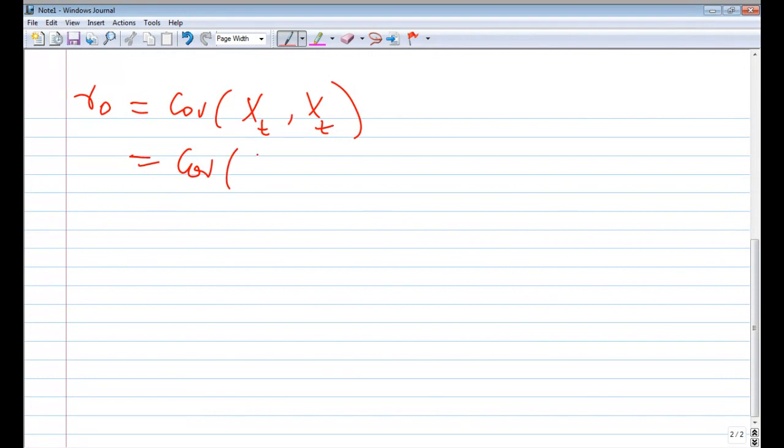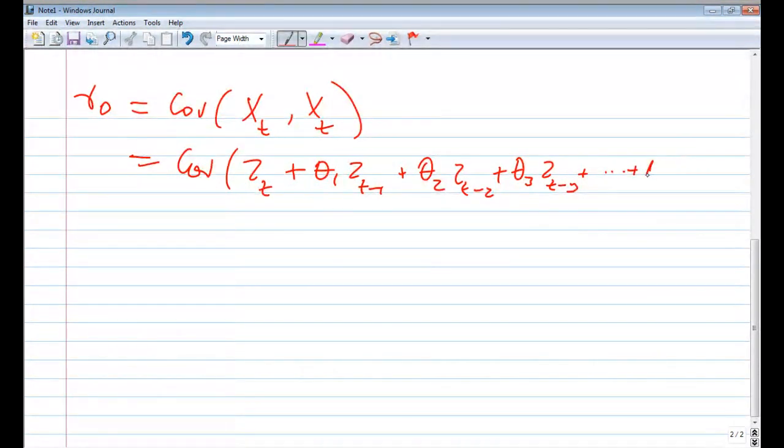What is xt? Xt is equal to zt plus theta 1, zt minus 1, plus theta 2, zt minus 2, plus theta 3, zt minus 3, until theta q, zt minus q. Okay, that's xt.